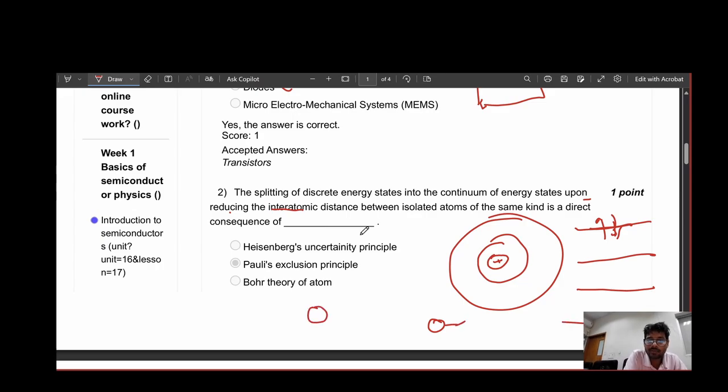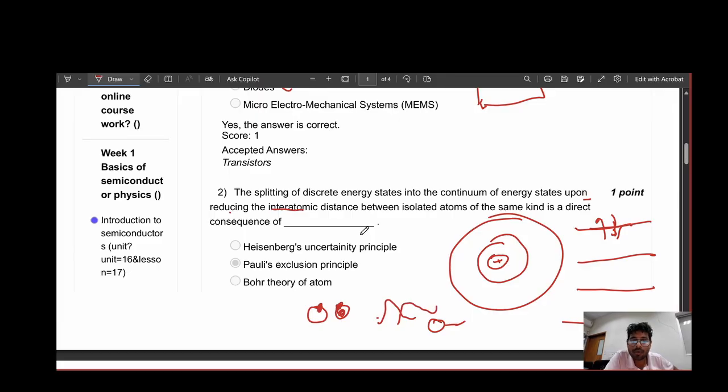But when we bring them near each other, these electrons will feel the effect of the electrons and the nucleus of the other atom, so the wave functions will overlap.